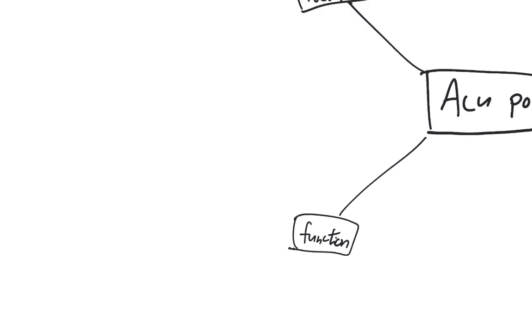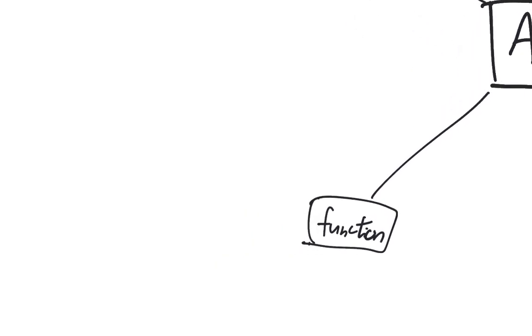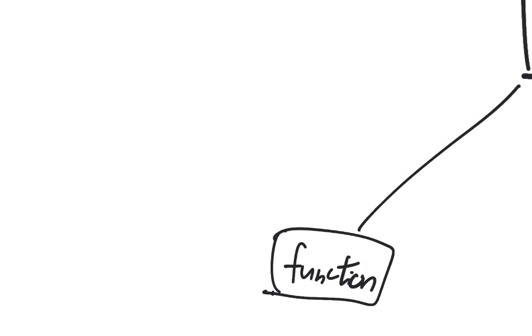So let's look at the function first. The function, as we mentioned before in the train system analogy, was to send the nutrients to different organs. In a nutshell, the function is actually just to communicate. It's communicating the body with the natural world.